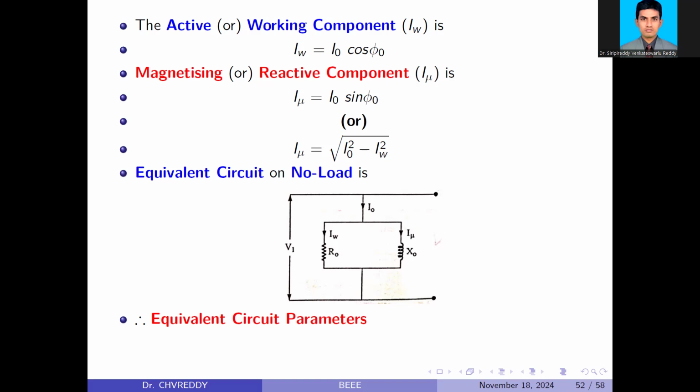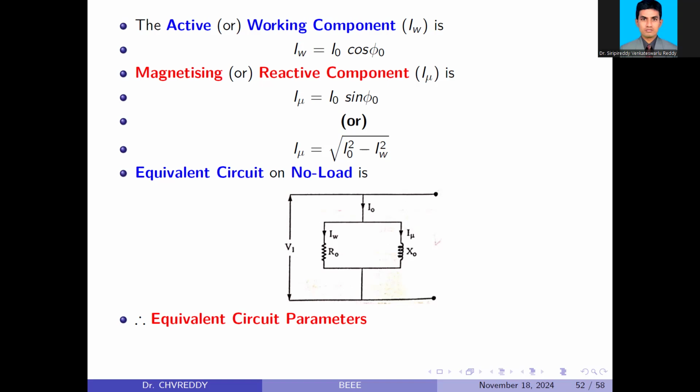How did we calculate I0 and the iron losses? With the help of the auto transformer, we set the rated voltage. Once we set the rated voltage, the ammeter gives us the no load current and the wattmeter gives us the iron losses.